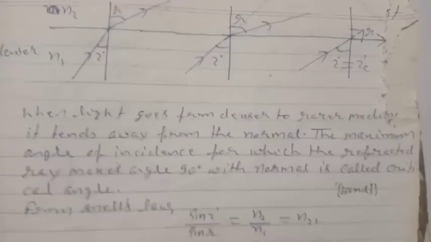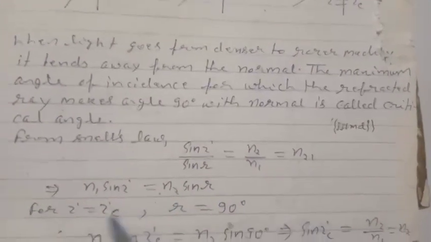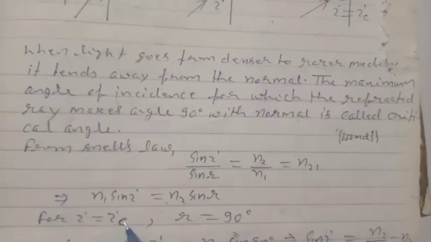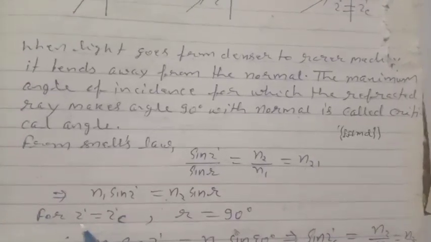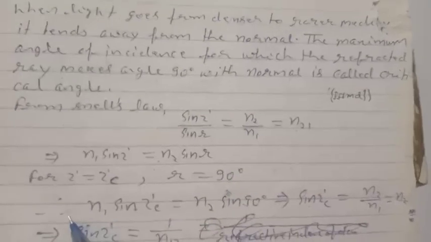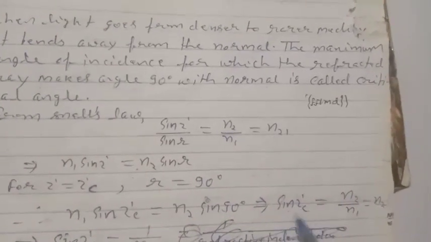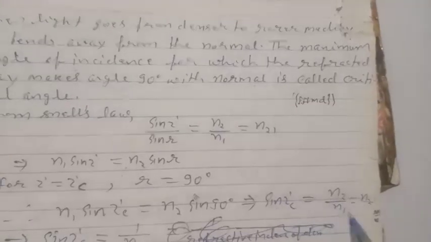Now from Snell's law, sin I by sin R equals N2 by N1 equals N21. This implies N1 sin I equals N2 sin R. For I equals IC, that is, when the angle of incidence becomes the critical angle, R equals 90 degrees. Hence, N1 sin IC equals N2 sin 90. This implies sin IC equals N2 by N1, or N21.